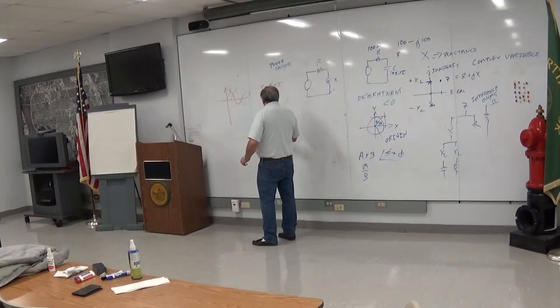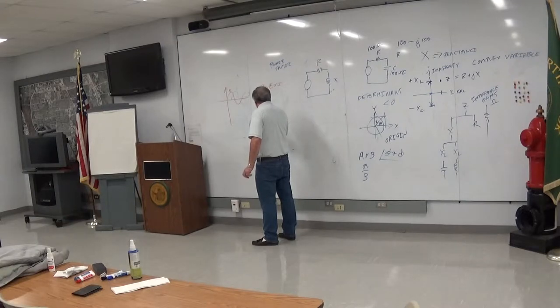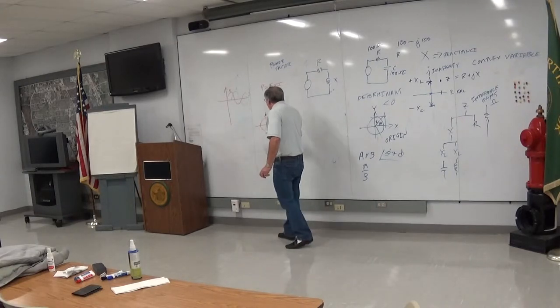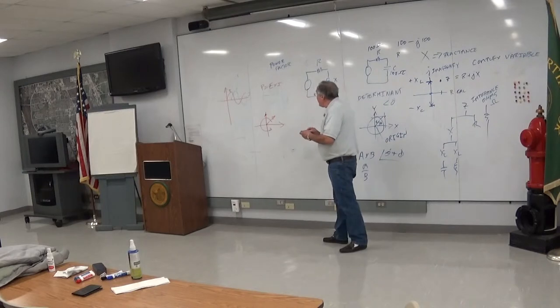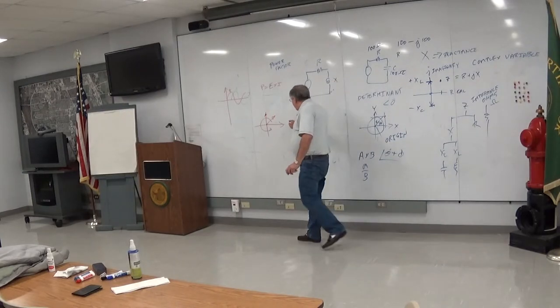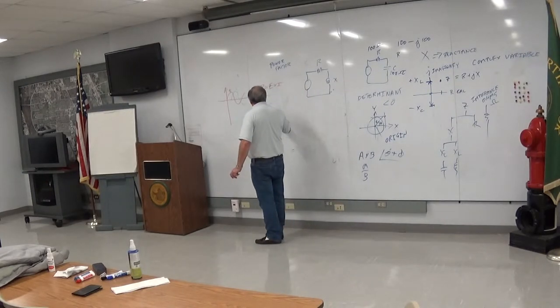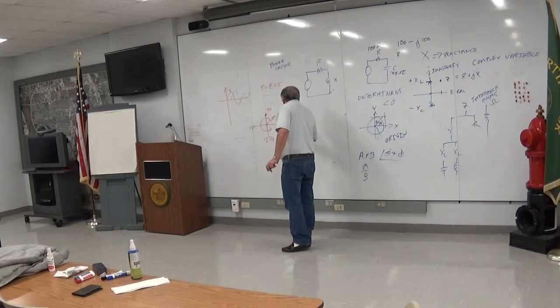In other words, you've got this vector, or phasor as it's actually called, that's rotating counterclockwise through a cycle from 0 degrees to 90, 180, 270, back to 0 again, which is the same as 360.